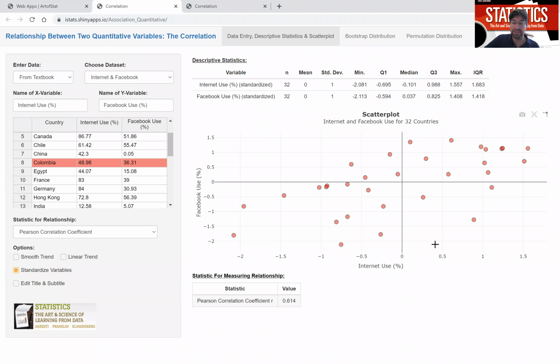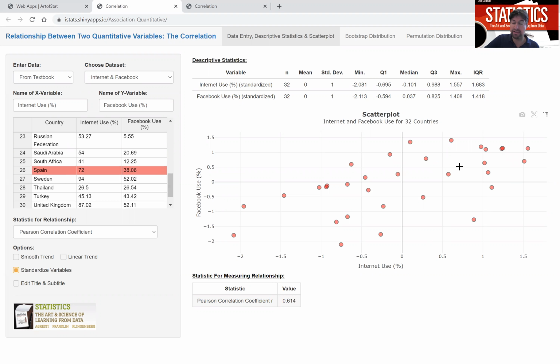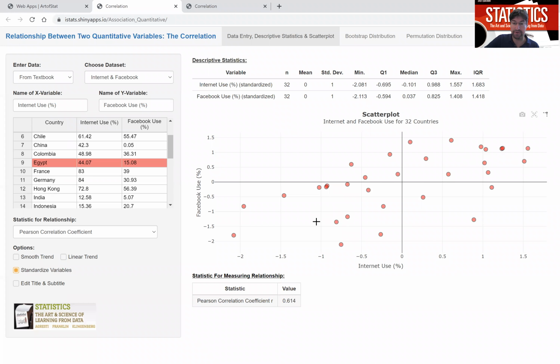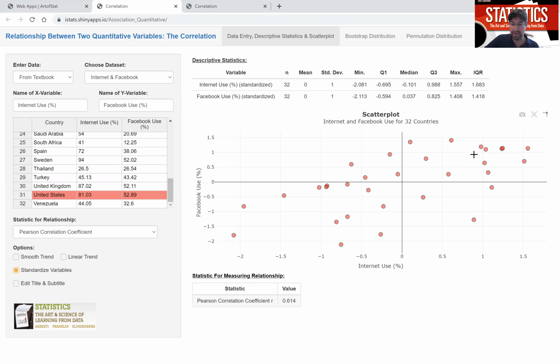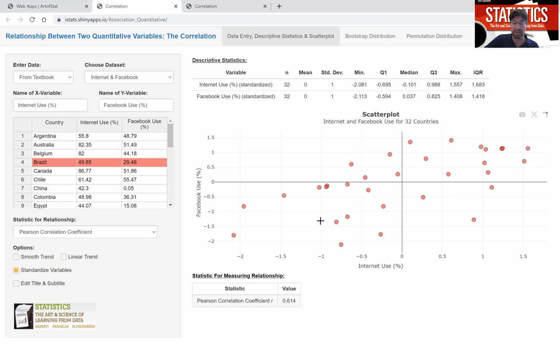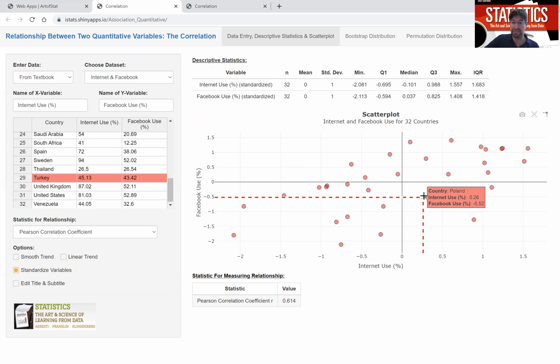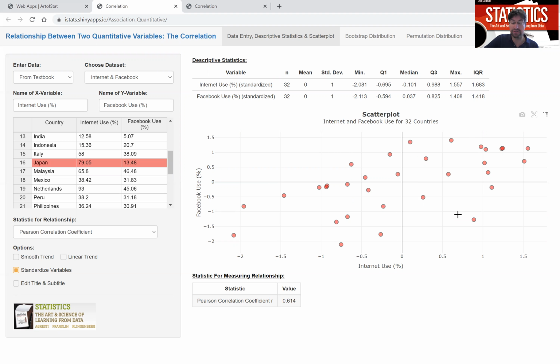Now, overall, you see that there's many more countries that are in the upper right or lower left quadrant. So overall, we expect the sum of the product of the z-scores to be positive because many more countries live here or here. Only very few countries, these 4 plus these 2 to be exact, so only those 6 countries of the 32 will make a negative contribution to that sum.